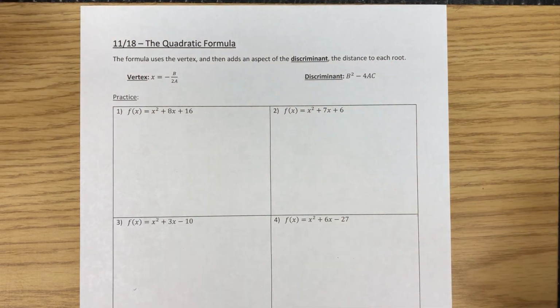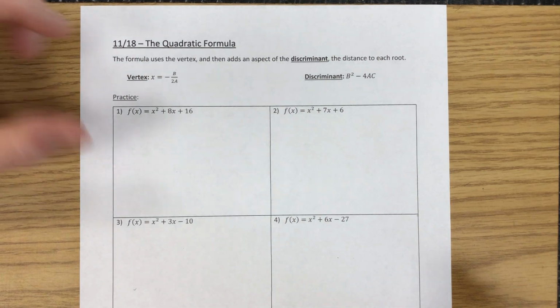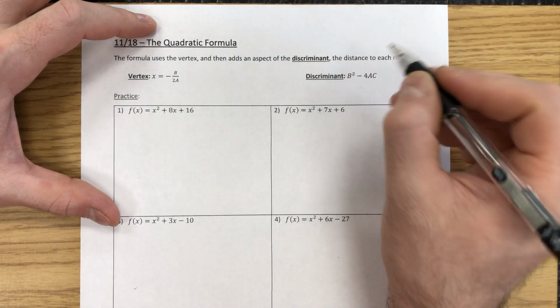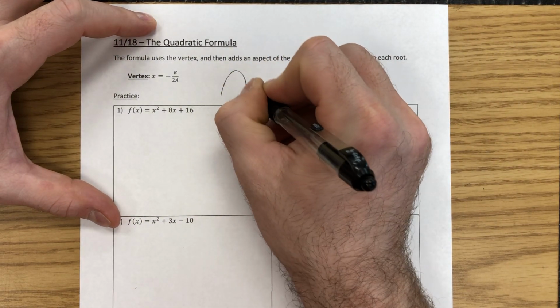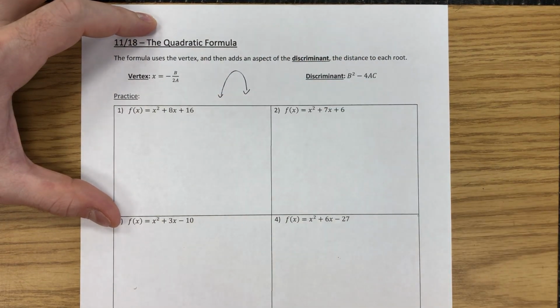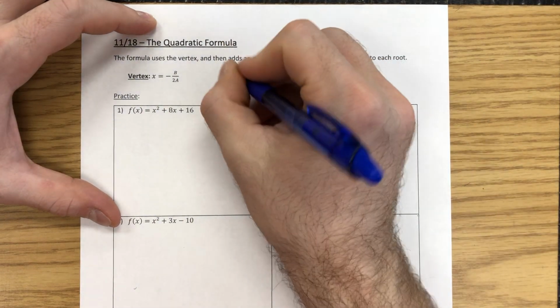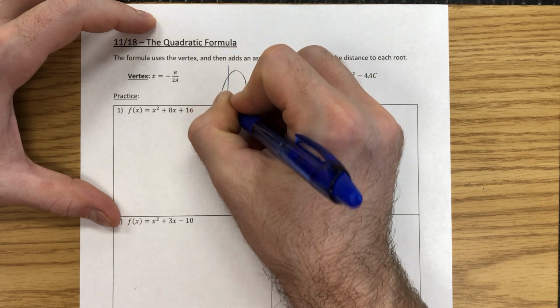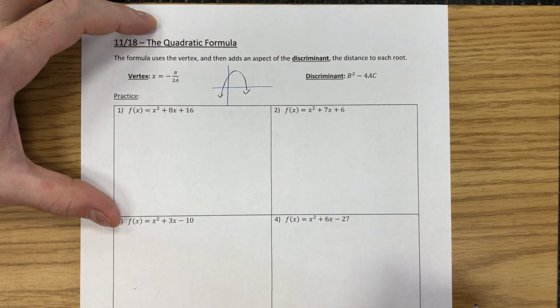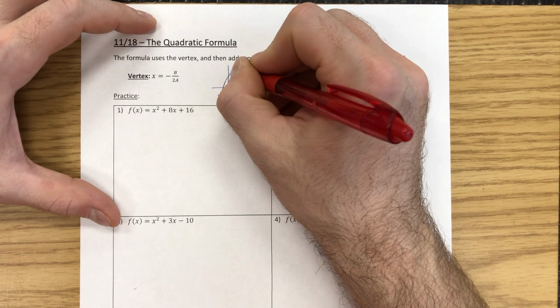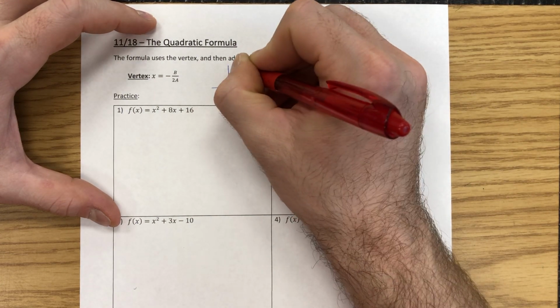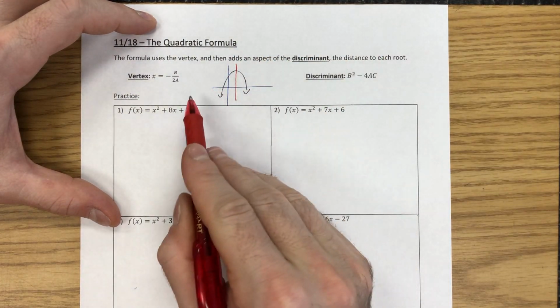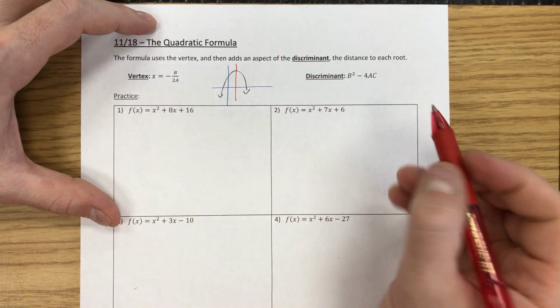Now, without getting into too complex of an analysis, the idea behind any quadratic is, if I have a quadratic drawn like that on the axis, what I know is that from my vertex, this thing is symmetrical on the left side versus the right side.